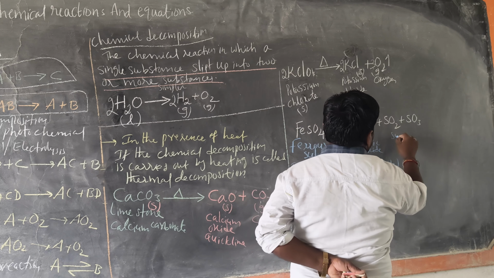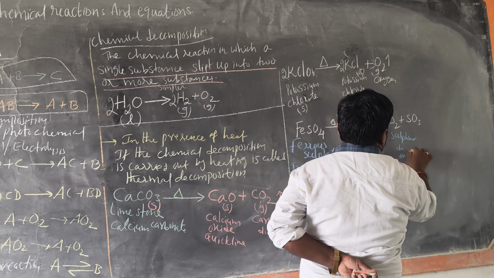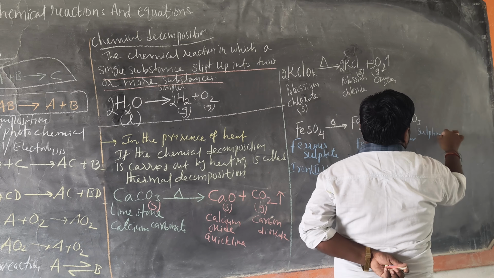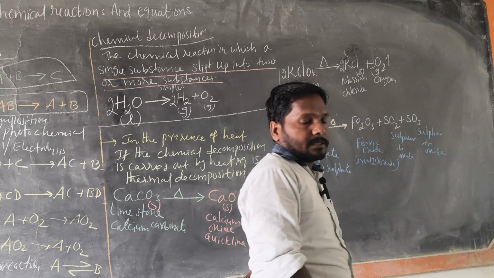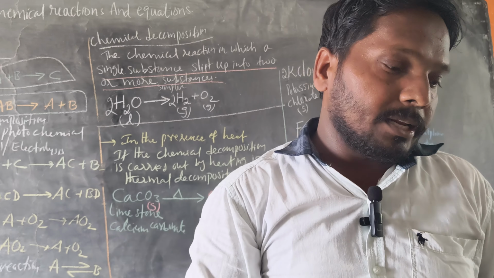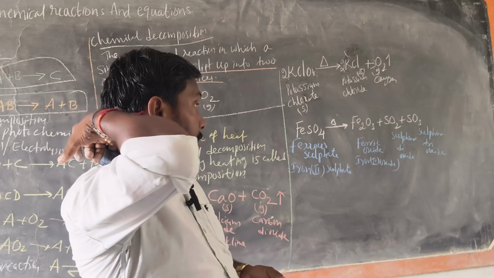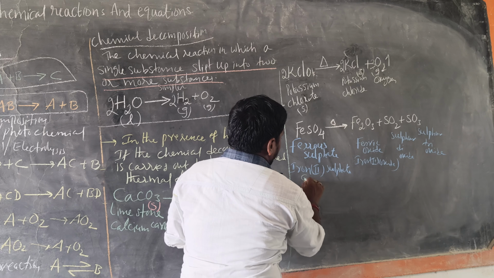This is sulfur dioxide, and this is sulfur trioxide. Ferrous sulfate, which is actually green in color.